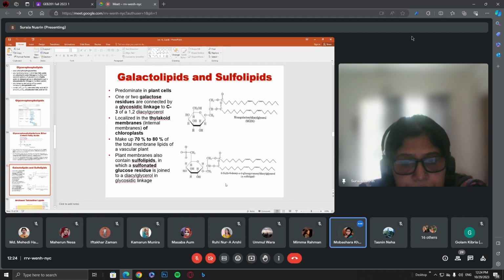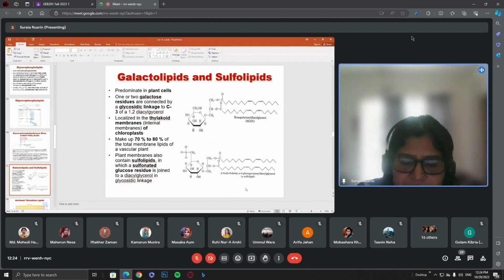Yes, ester linkage. So fatty acids will be linked to the glycerol by ester linkage, but the sugar residue is linked to the glycerol by glycosidic bond. Okay, clear?